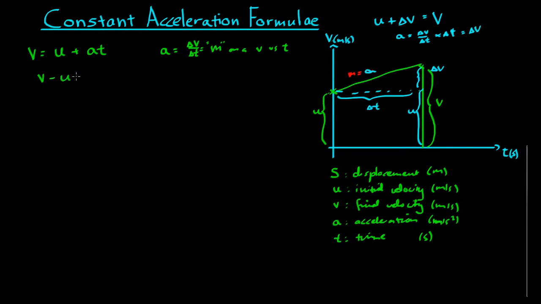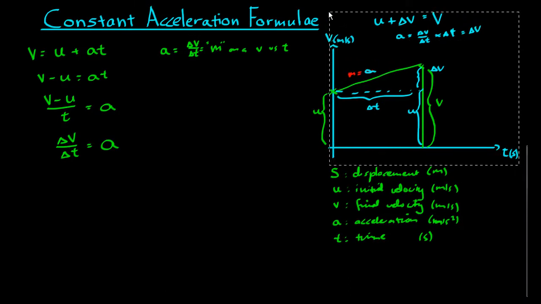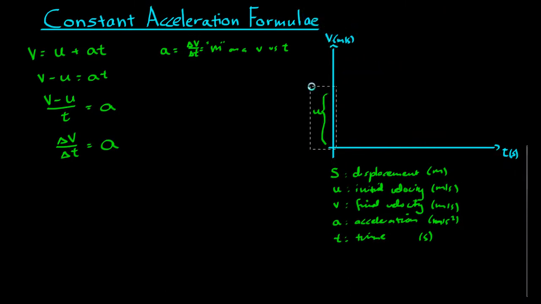V take U equals AT, V take U on T equals A. V take U is the change in velocity, and T in this case is the change in time. So it simply tells us that delta V on delta T is equal to A. So that's how the first formula came about.